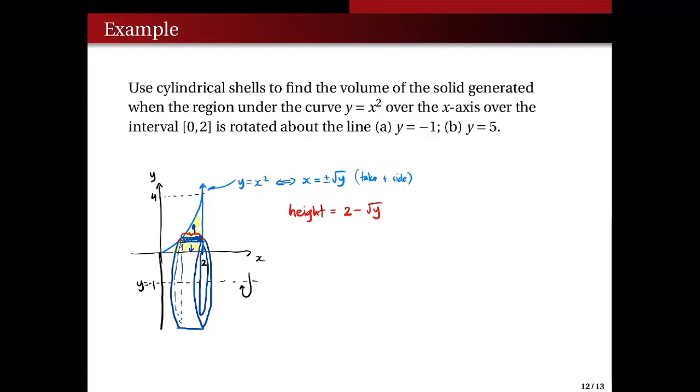The radius, this is your y in here, but you need from this strip up to this axis of revolution. So the radius will be y minus -1, or it's just y plus 1.